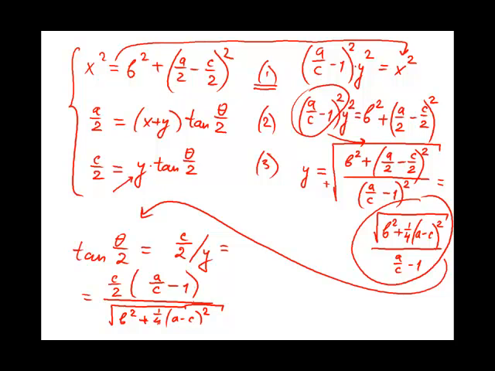What I want to do now, to simplify a little bit, I want to open these brackets on top to get a over 2 minus c over 2 over that square root, which is 1/2.